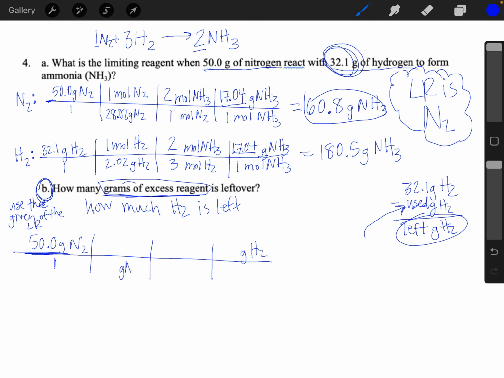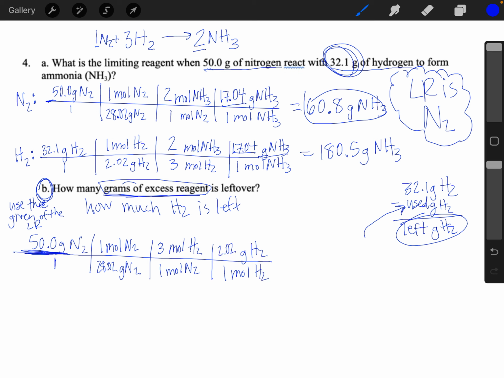I'm going to do a stoichiometric problem. I'm not going to show you how to do this because it should be familiar to you and I don't want to waste your time. I'm just doing a normal stoichiometric problem to see how much H2 it takes to react with this much.